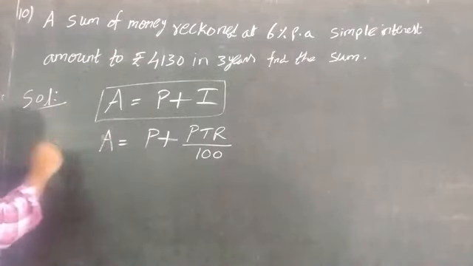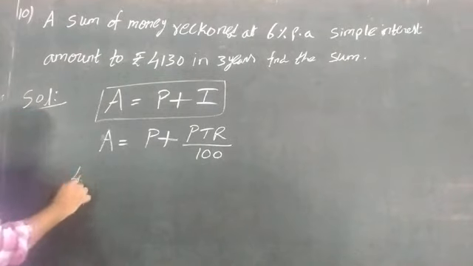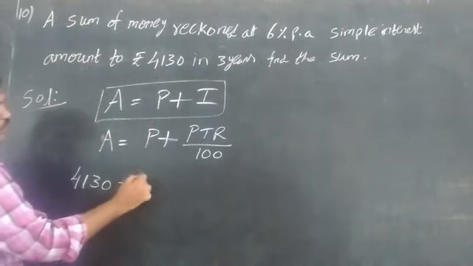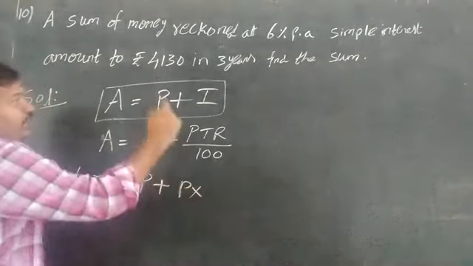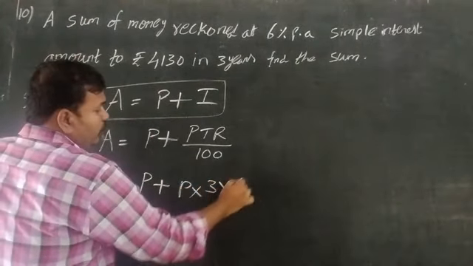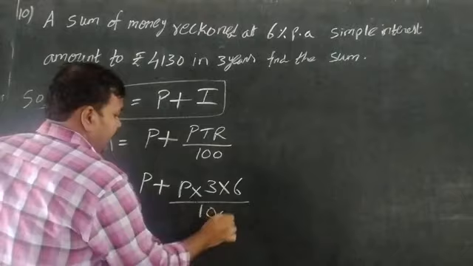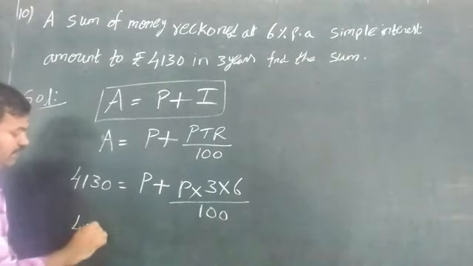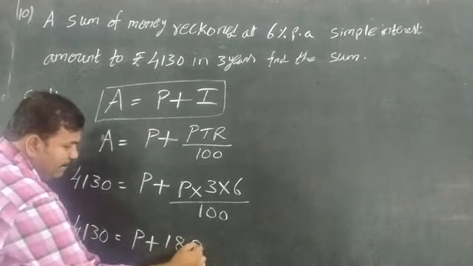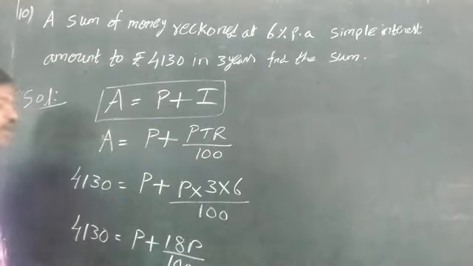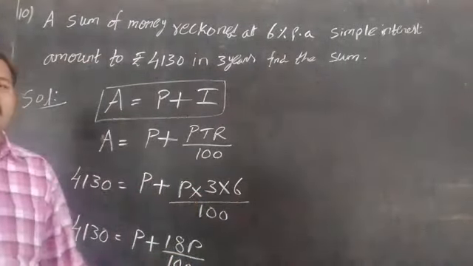In this sum, the amount is given. 4130 is equal to P plus P into T, which is 3 years, into rate 6 percent, by 100. So 4130 is equal to P plus 18P by 100. How we got 18P: 6 threes are 18.